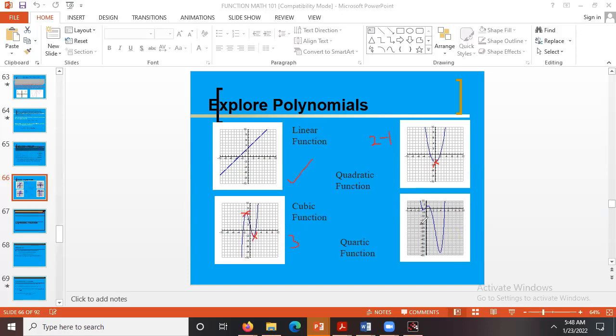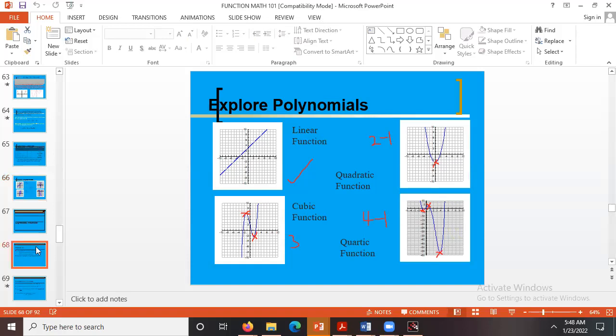Finally, we have a quartic function with a degree of 4, so minus 1 gives us 3. So we have 1 turning point here, the second turning point there, and the final turning point down here. So in summary, the degree will determine the number of turning points of the function.